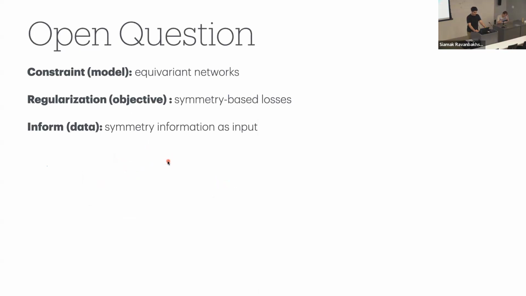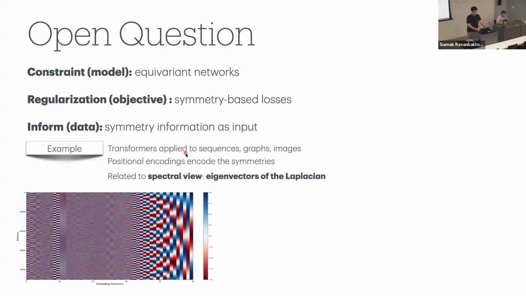Okay, I'm going to end with an open question. The classical way of using symmetries is by using constraints, meaning that you have equivariant networks. For a lot of application areas that I showed you, we use loss functions, objectives, to incorporate symmetry into our model. There's also a third option of using data to inform the model about symmetries. This is either through data augmentation or through positional encodings.